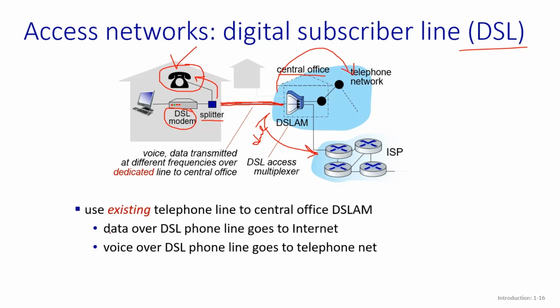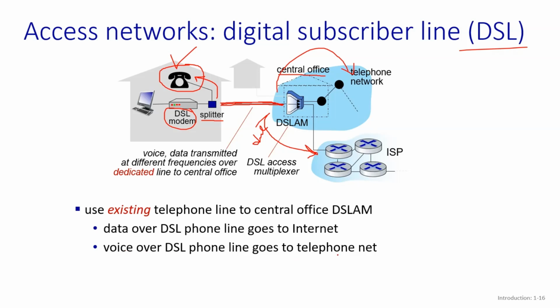Okay, so we have studied this DSL. Again, we use the existing telephone line to the central office DSLAM. Data over the DSL phone line goes to the internet, and voice over the DSL phone line goes to the telephone network.